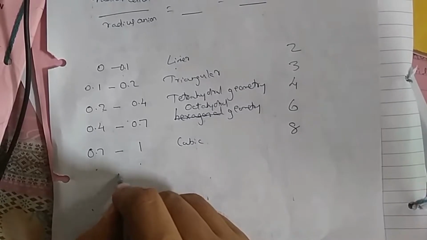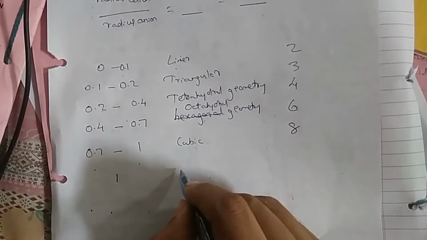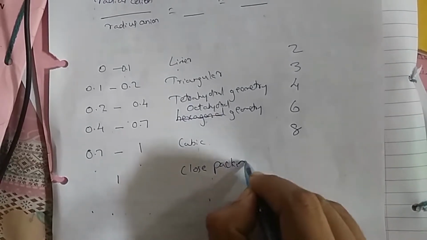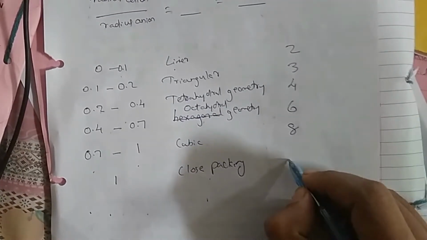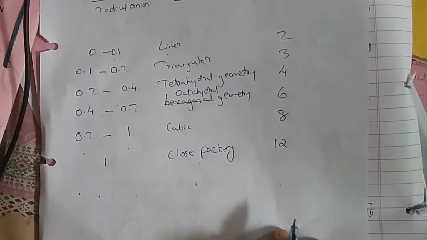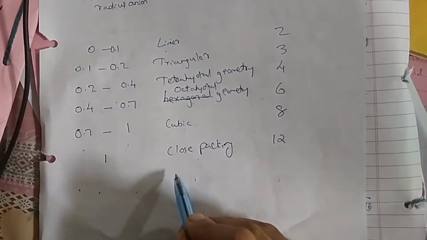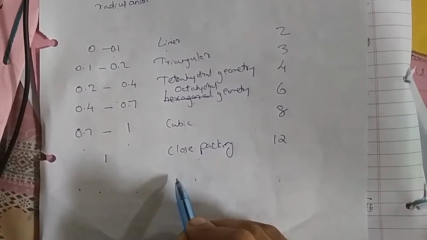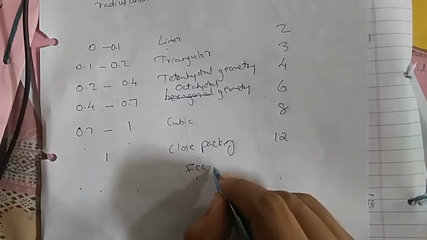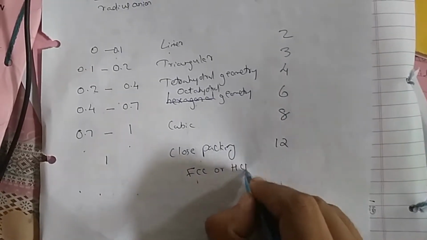If it is above 1, then it is a close packing arrangement, and generally metals show the close packing arrangement. Its coordination number will be 12, meaning it can become face-centered cubic close packing or hexagonal close packing, FCC or HCP.